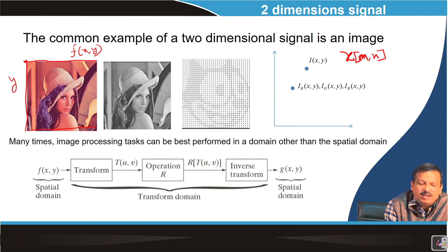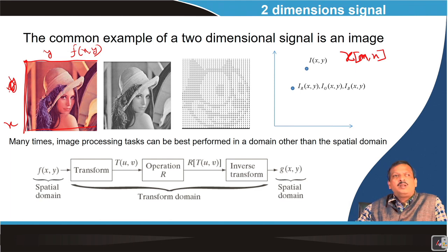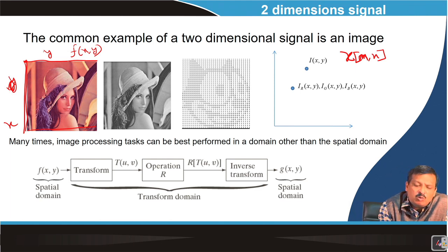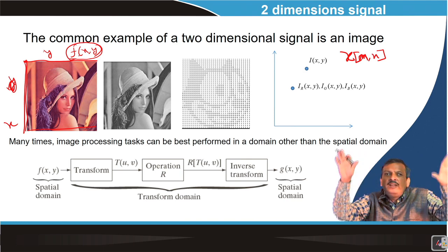This is called the x axis, this is called the y axis. That is why f of x, y is called a spatial signal. It has a space, that is a plane, x and y, two dimensions.